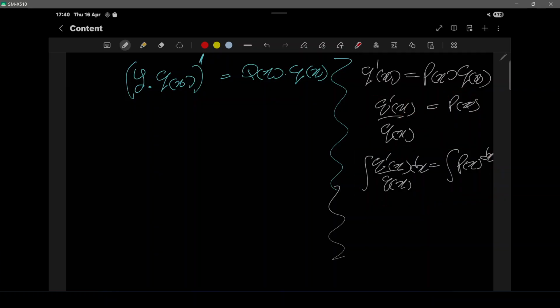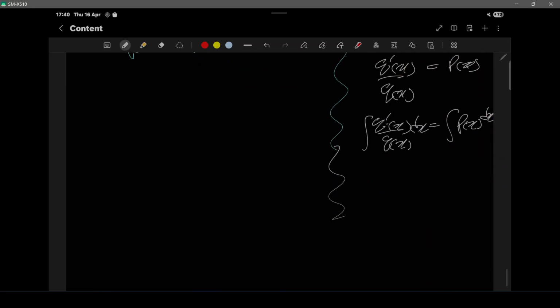So here, what is the integration of Q'(x) over Q(x)? In earlier videos I told you, if the derivative of the denominator is in the numerator, we can write it directly as ln Q(x), which is equal to the integration of P(x) dx.